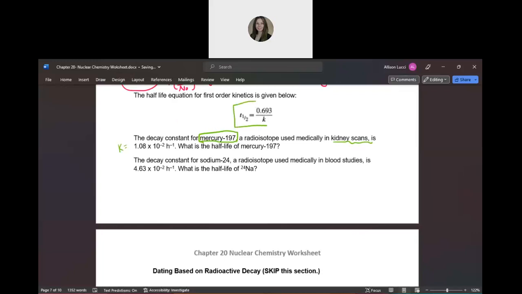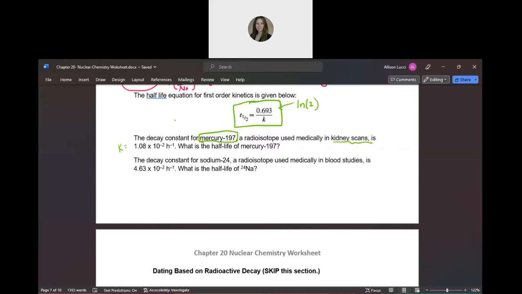So we're going to use this equation up top here, and we're just going to plug in values. This is derived from the natural log of 2. If you plugged natural log of 2 into your calculator, you'll get this 0.693 value. You can skip that step and just say 0.693 divided by our rate constant.